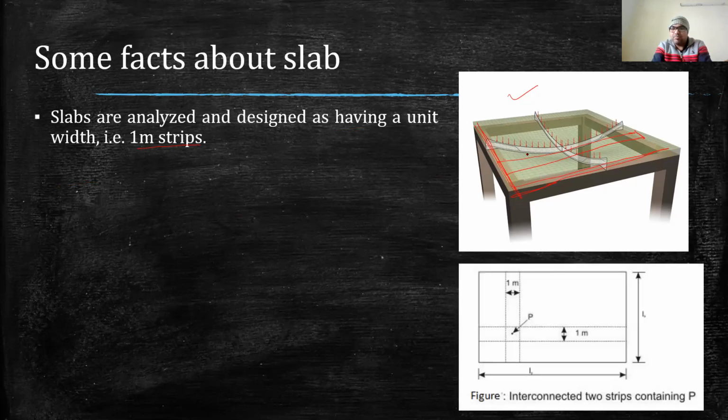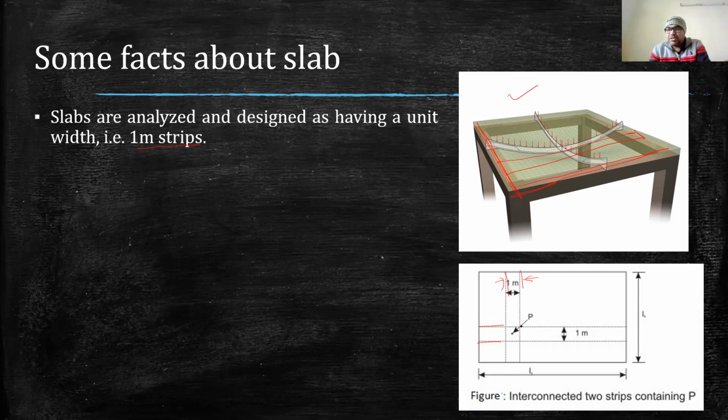To be more specific, here you can see. If we are designing slab taking the shorter span under consideration, we will have a unit strip of 1 meter width, and we will design this strip only. Similarly, if we are considering the longer span, in that case we again consider this strip, and we start designing the slab.